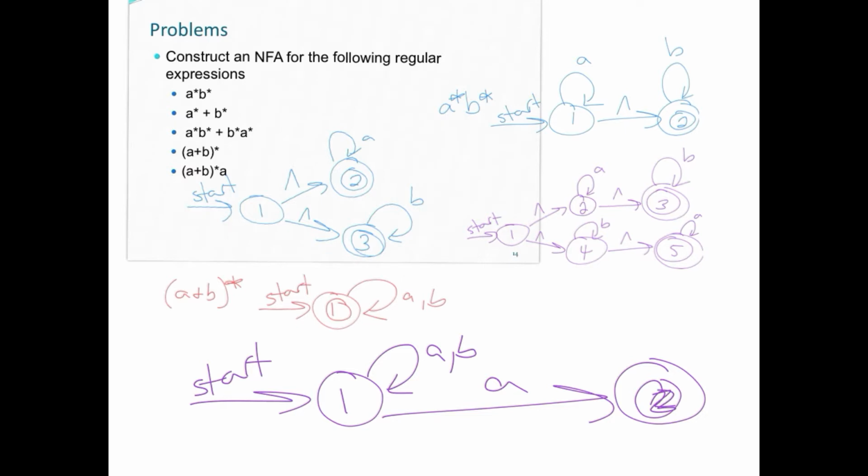Now, notice that, again, you need to make a decision. If you're looking at a particular string, like the string A, B, B, A, right? When you look at that string, in order for it to be accepted by this NFA, there has to be at least one path through here that ends in an accept state.